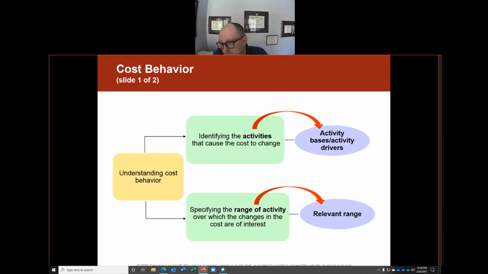When you hear a range, think of low, medium, high. It's like the low end of the range, the middle of the range, and the high level of the range. Low, medium, high. That is what we call a relevant range. It is an expectation that activities will change within a certain amount.